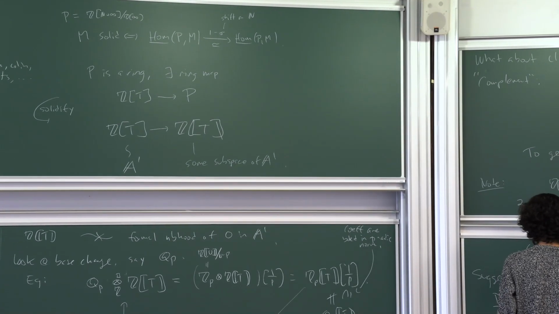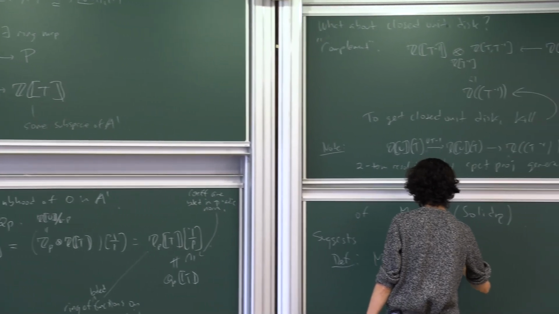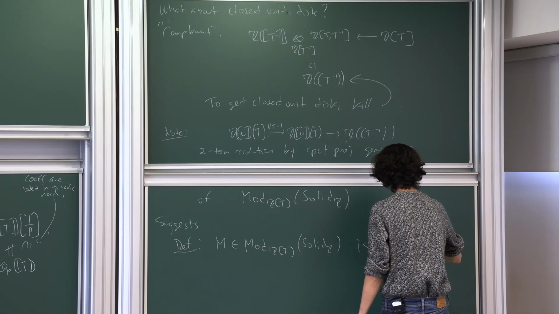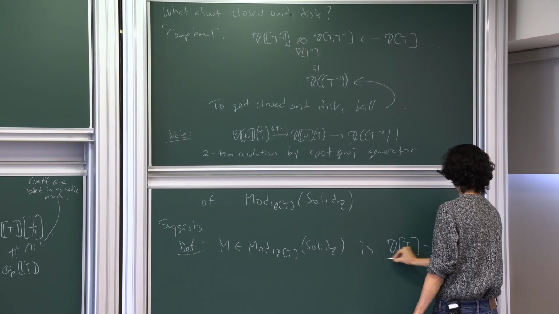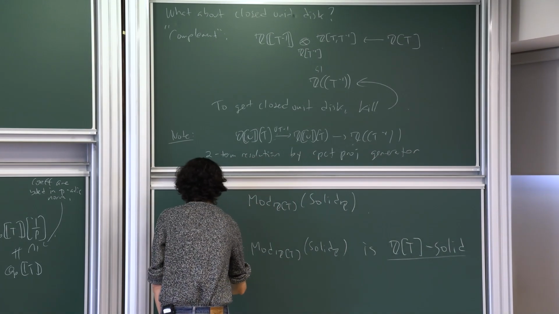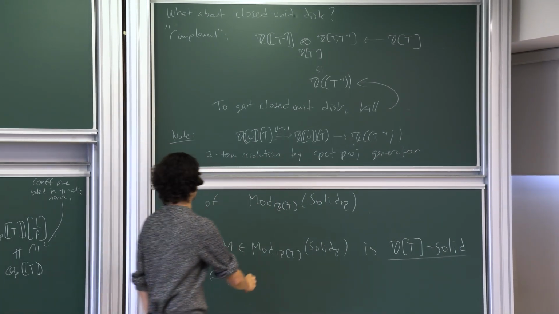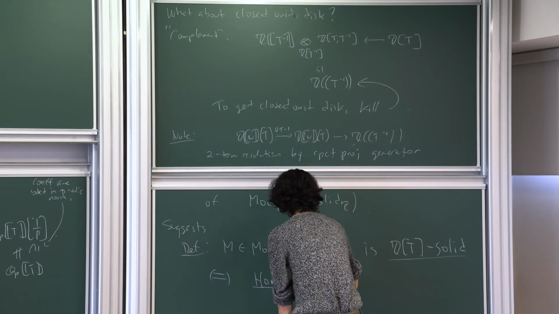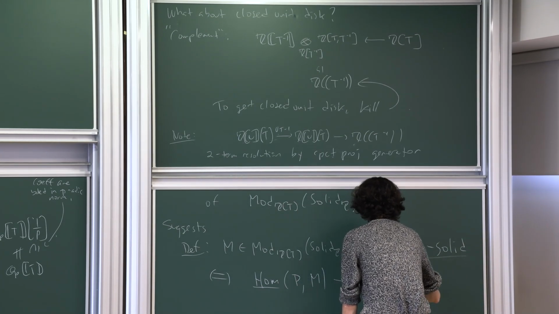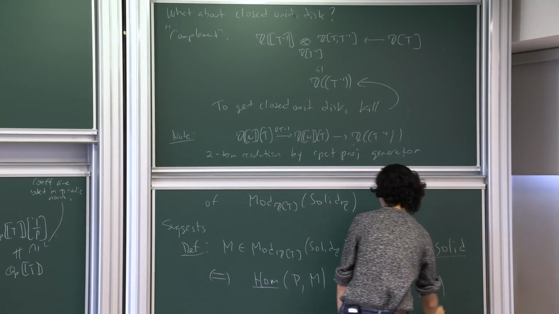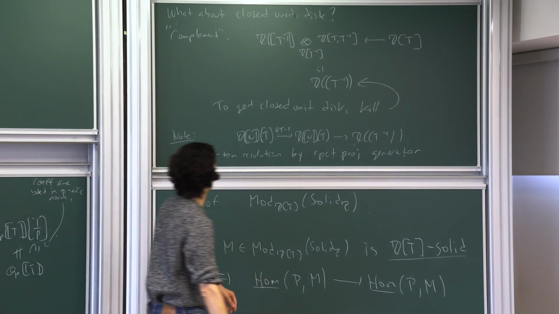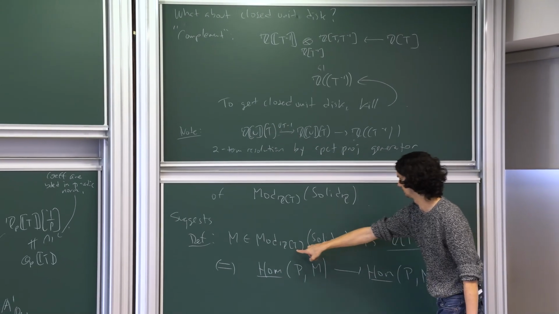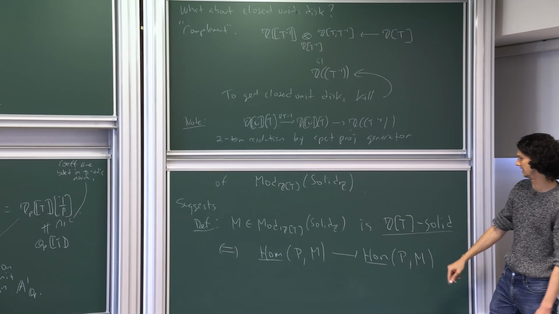Let's say we have one of these guys, M. Let's say that M is Z[T]-solid if and only if when you take internal Hom from P to M, and then internal Hom from P to M, and then you take the map given by, so now U corresponds to the shift, and T is the extra thing we have acting on M, because M is a Z[T] module.